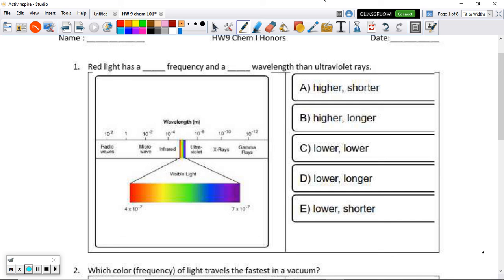All right, so looking at these, you have the chart right here, and it's going from radio waves to gamma rays. What we know is that you have 10 to the 2 meters here, 10 to the negative 2 meters here. So what that means is that wavelength, as we move from left to right, is decreasing.